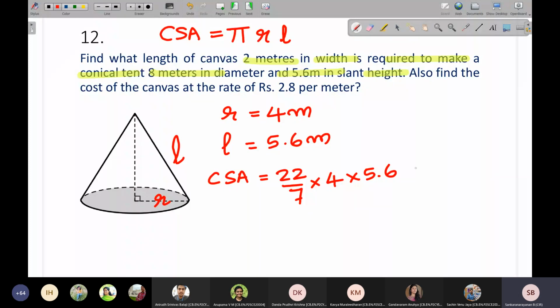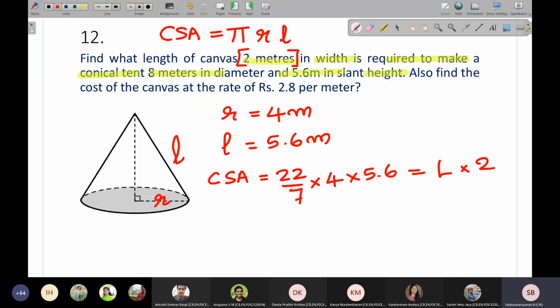Let us consider the length of the canvas to be some L meters. Its width is given to be 2 meters in the question. So length into width gives you the area of the canvas, and the area of the canvas is nothing but the curved surface area of this cone, that is 22 by 7 into 4 into 5.6.